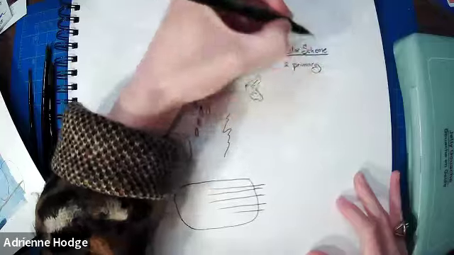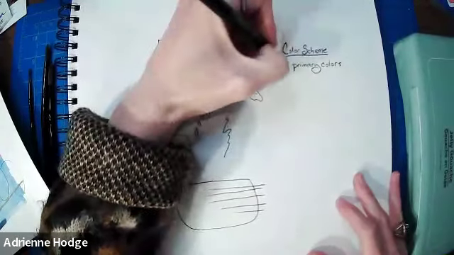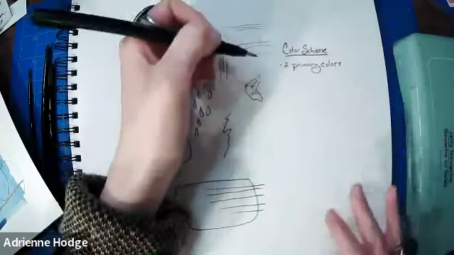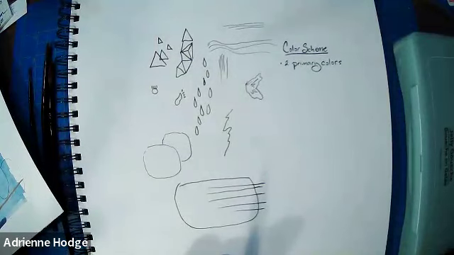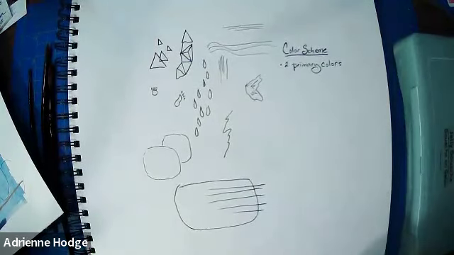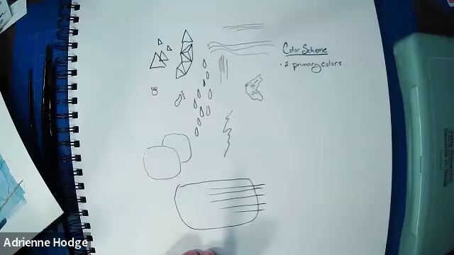And the reason for two primary colors is that when we mix those two primary colors together, we're going to end up with a secondary color, right? If we mix red and blue, we're going to get violet. If we mix yellow and red, we're going to get orange. And if we mix yellow and blue, we're going to get green. So we're less likely to turn our painting into some kind of mud if we choose primary colors.